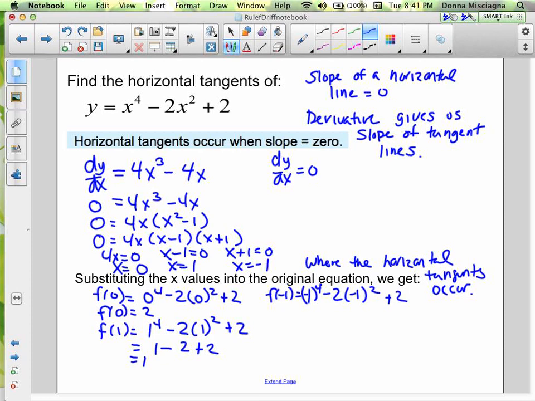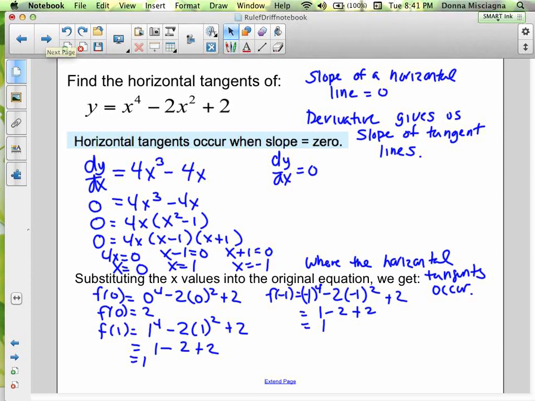Excuse me, that's 1 minus 2 plus 2, because the negative 1 would be squared, so that'd be positive. So that again is going to be 1. This is a very, very symmetric function. So those are the y values for those points.